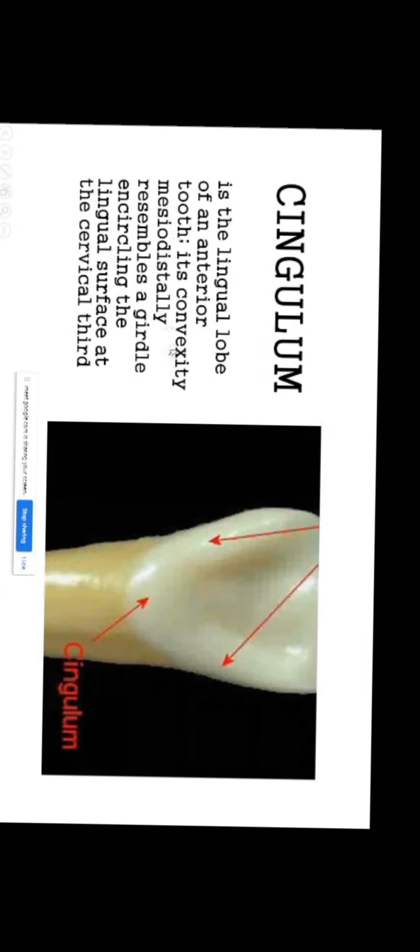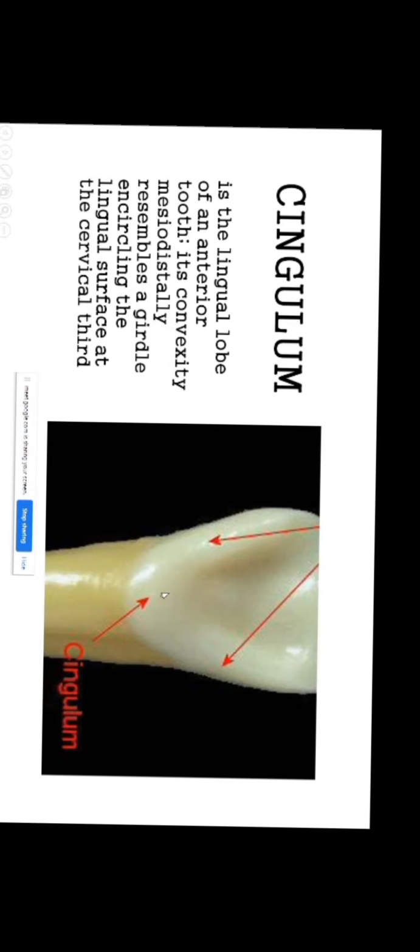That's the lingual lobe of an anterior tooth, meaning canines to canines. Convexity means a bulge at the lingual surface and cervical third. So again, this is a central incisor, then lingual or palatal surface, at the cervical third, with a convexity or bulge. So that's why we call it cingulum.